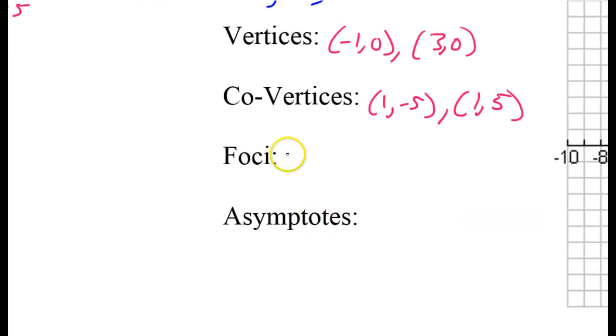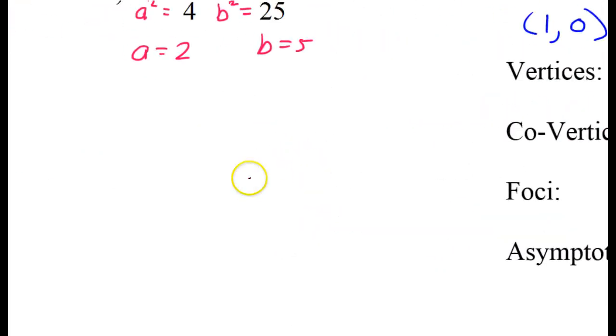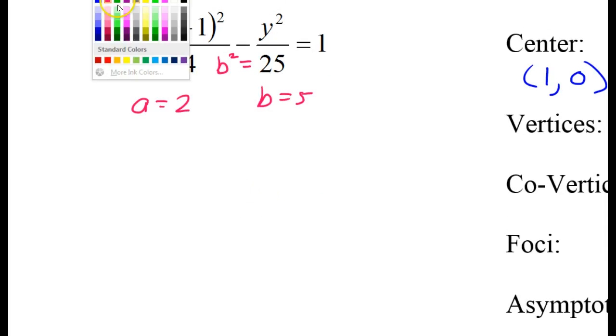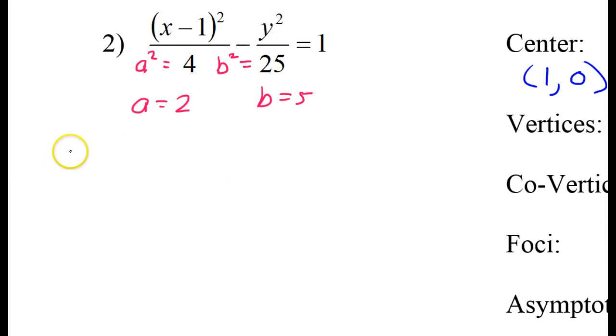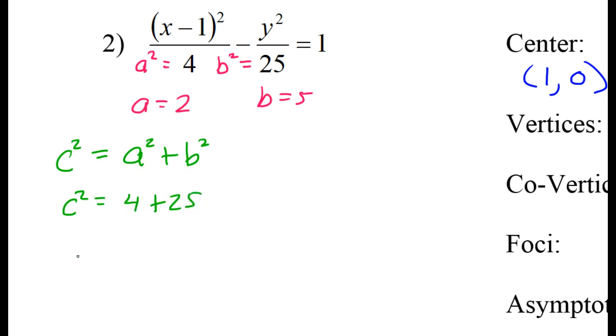Okay, we still need to find the foci. And to do that, we need the c value. Remember, for hyperbolas, c squared is equal to a squared plus b squared, unlike ellipses, which had a minus. So c squared is equal to 4 plus 25. So c squared is equal to 29. So c is equal to the square root of 29.